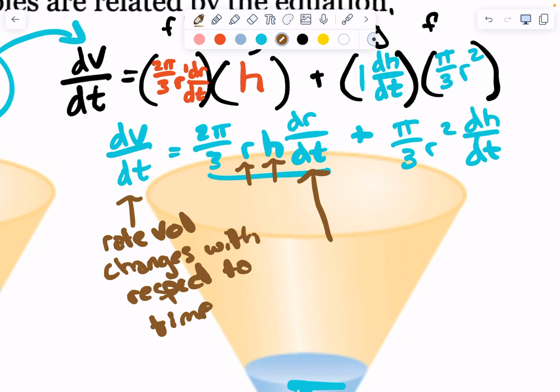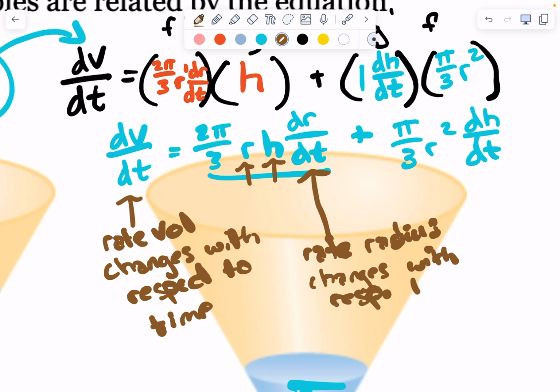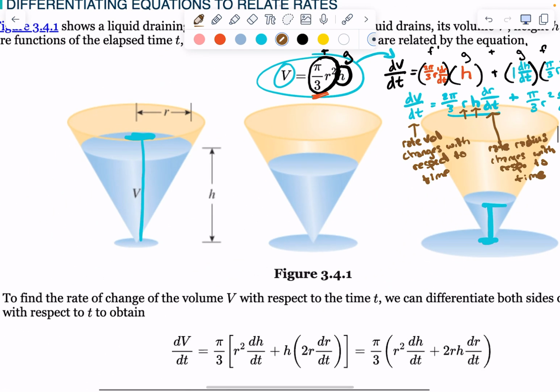What does dr/dt mean? The rate that the radius changes with respect to time. Now think of the radius of this water, right? The radius of the water is getting smaller.